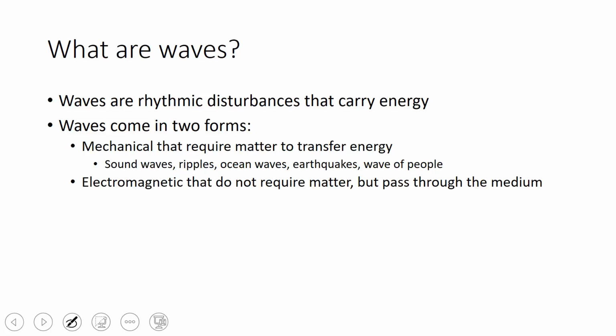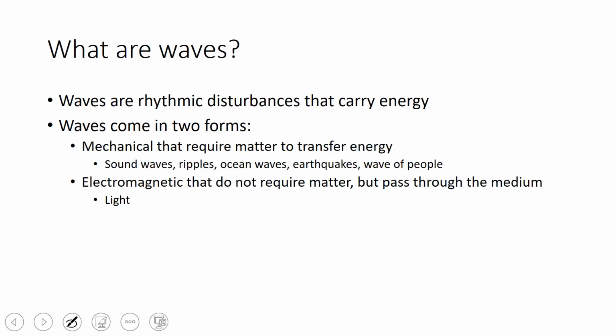Then you have electromagnetic waves. These do not require matter, so they don't require an actual medium to move. However, they do pass through a medium. So some examples of these: light. Light is probably the best example of electromagnetic waves.